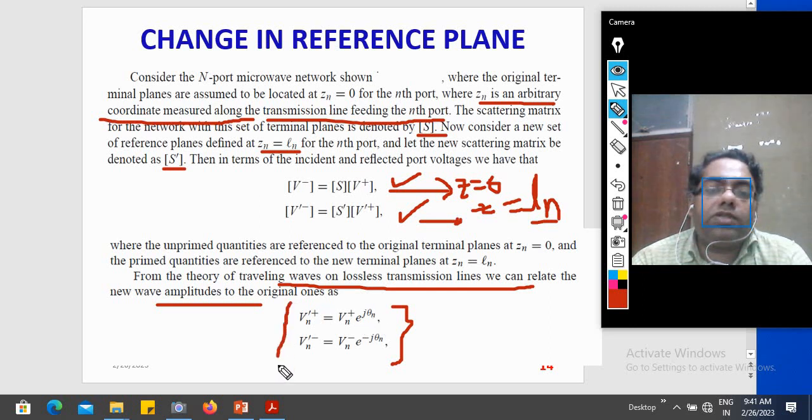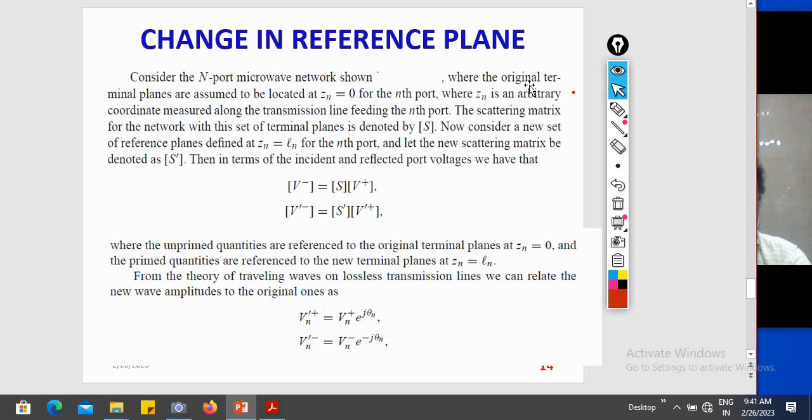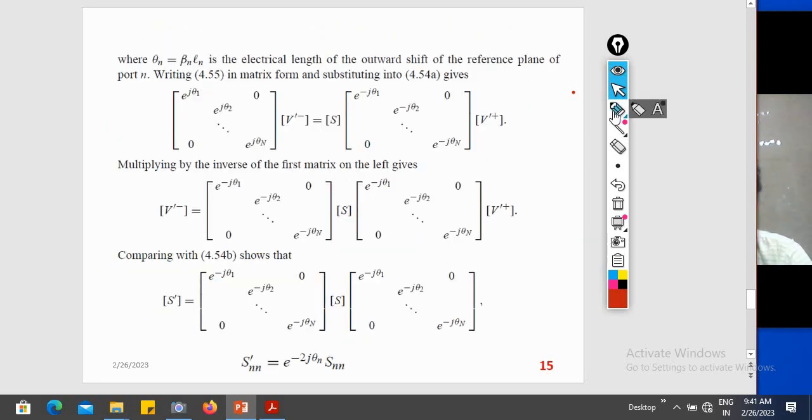So from transmission line theory we can write this. Theta n is given as beta n into Ln. It is the electrical length of the outward shift of the reference plane of port n. We are shifting outward from when we considered first Z equal to 0 and then Z equal to L. So it is an outward shift.